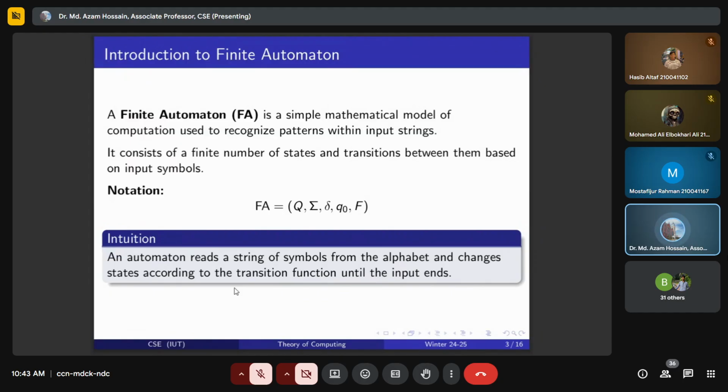So we scan from the beginning of an input, and if we reach the end of the input and we are in a final state, then we say that this string is accepted by the machine. So overall the workflow is: we start at some starting state, we read input symbols from the alphabet, and we follow the transition function to move from one state to another state.